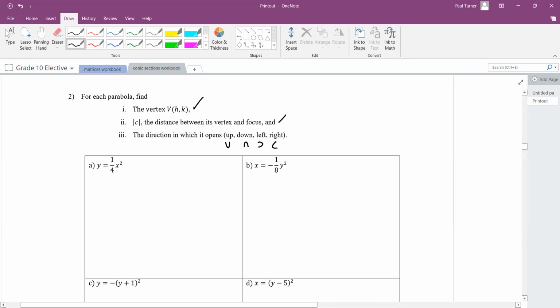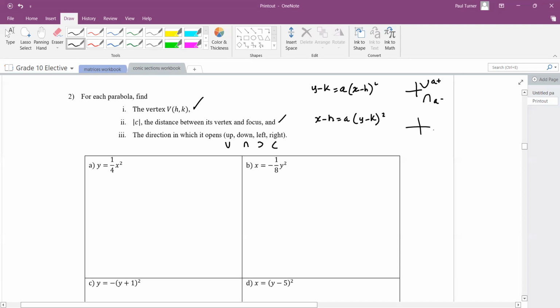So let's reconsider the general forms of a parabola. So we have the first kind, which is y minus k equals a (x minus h) squared. These are what I call y graphs, and they either go this way where a is positive or open down when a is negative. And the other kind of graph is x minus h equals a (y minus k) squared.